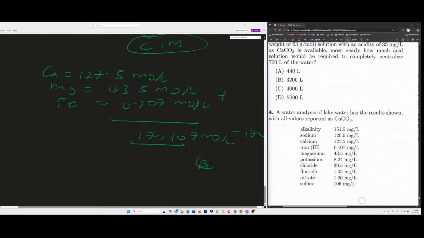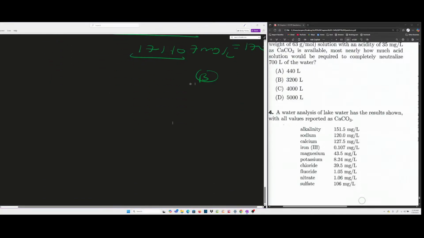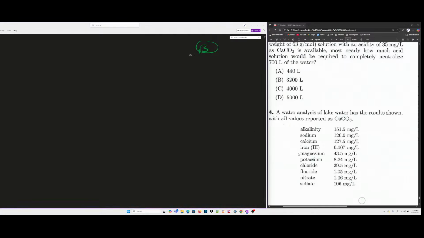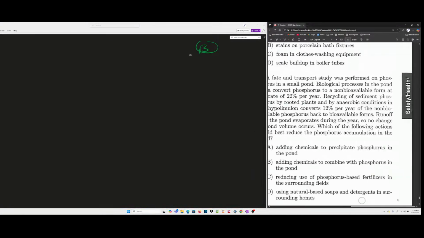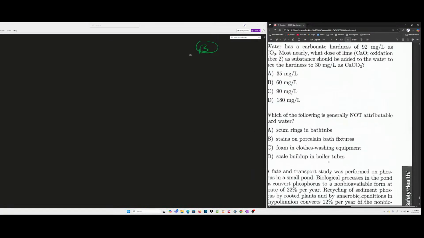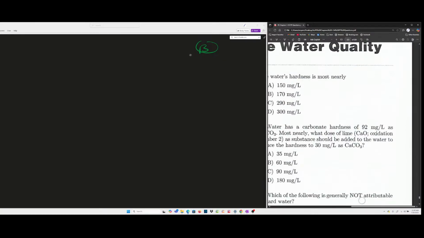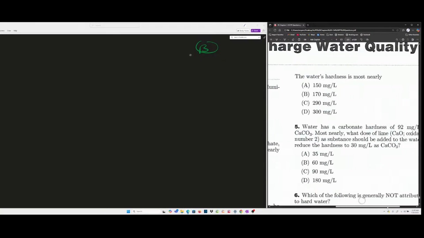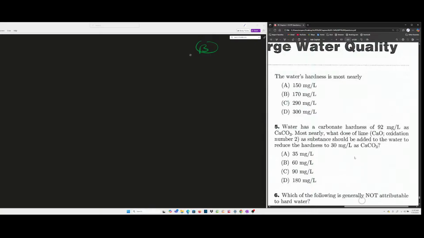So that is B. The hardness of water consists of 3 major ions, and that's how we're going to solve this.